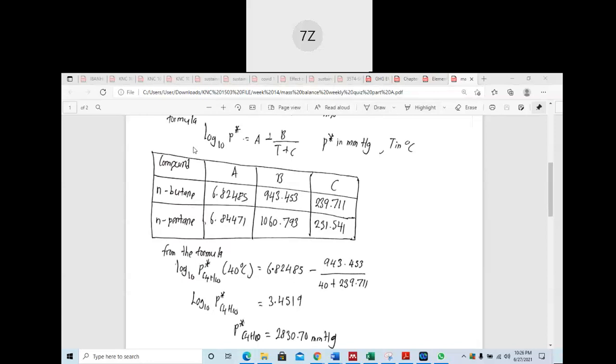Here is the equation being used to find the vapor pressure. You find the constants for A, B, and C, and then this is the temperature. After you calculate all this, you shift log the answer, and then you get the vapor pressure P. The unit for vapor pressure is millimeter of Hg. The temperature must be in degree Celsius.